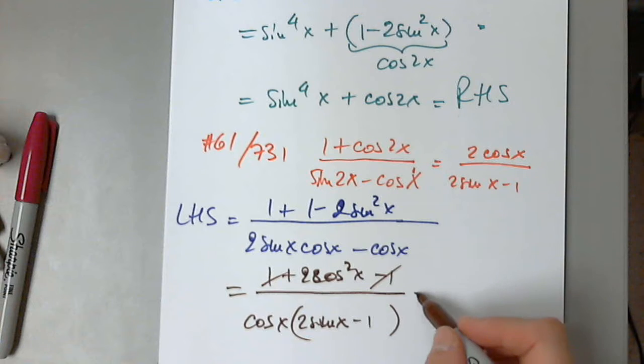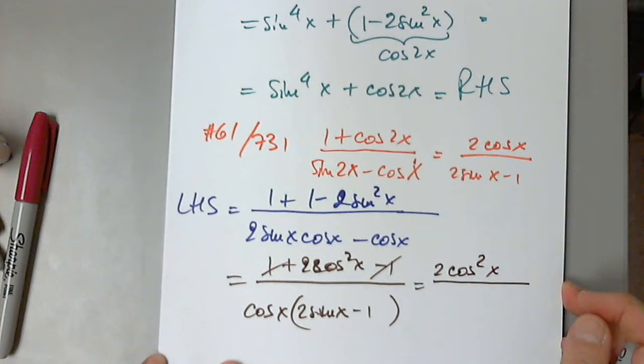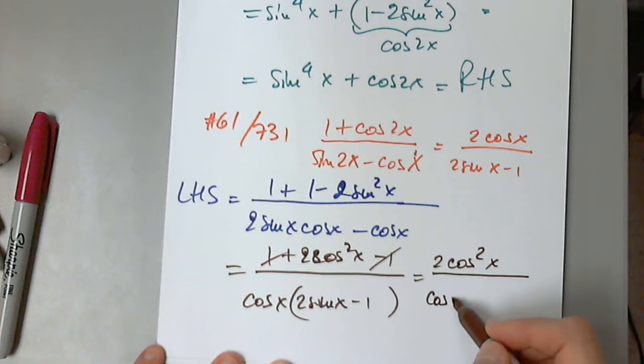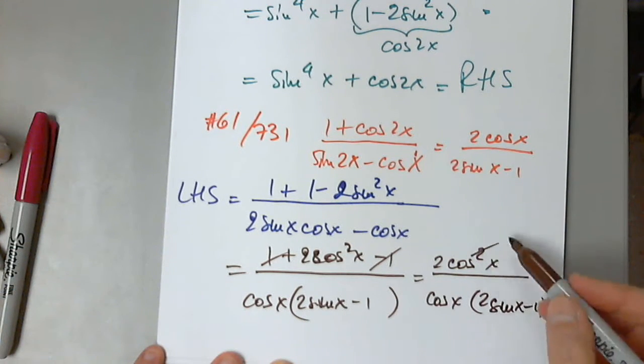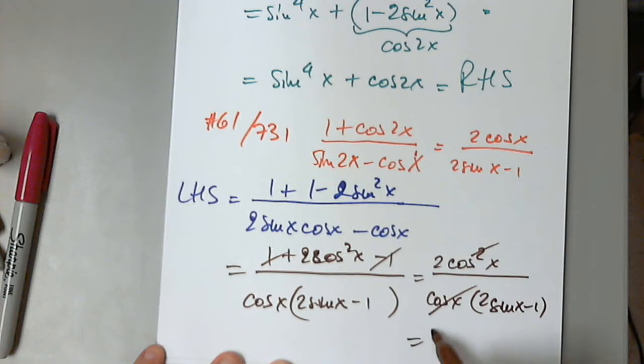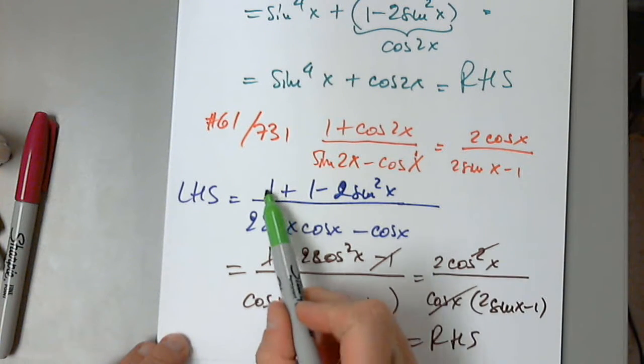The numerator is now 2 cosine squared over, so it's done. We simplify cosine and we get the right-hand side. So the first one was redundant, I didn't know initially what to do.